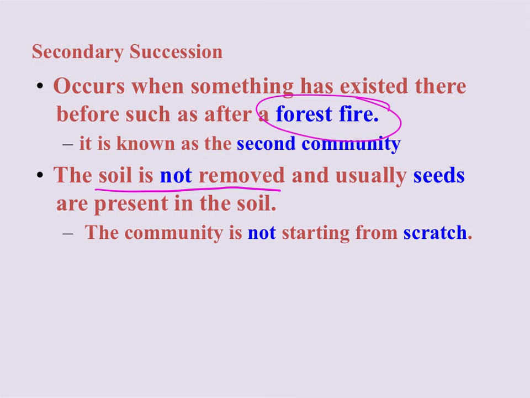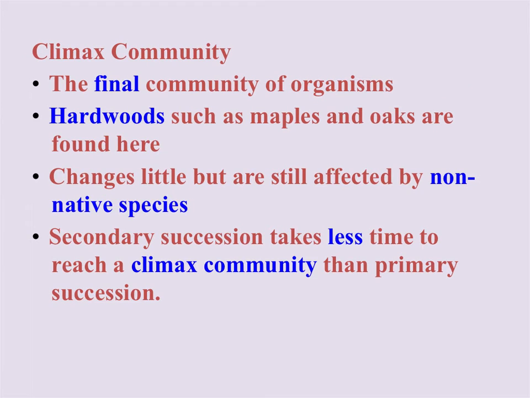So the seeds will just grow, and then once you get your plant life, then you'll start seeing more animals, and then the plant life will grow and grow and grow, and the animals will bring in seeds themselves to grow more plant life. So the last community is always the climax community. It does not reach a climax community until you have hardwood trees. Okay, so that would be like maple and oak trees.